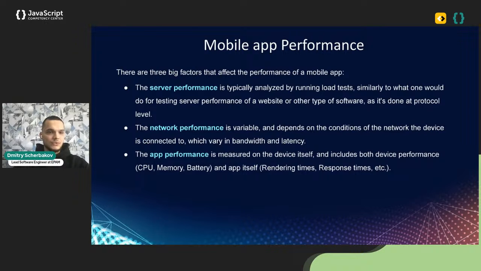There are three big factors that affect the performance of a mobile app the most. The first thing is server performance. We can really influence that only if we ask backend developers about it, and then they will tackle that. Basically, server performance is not our responsibility. We are front-end developers and we are building mobile applications.